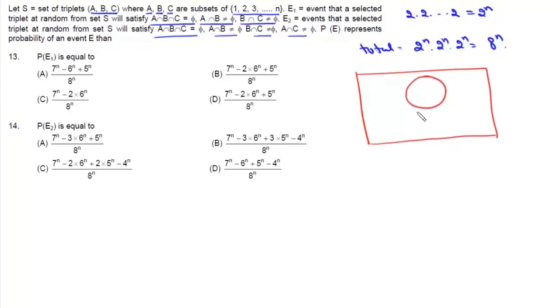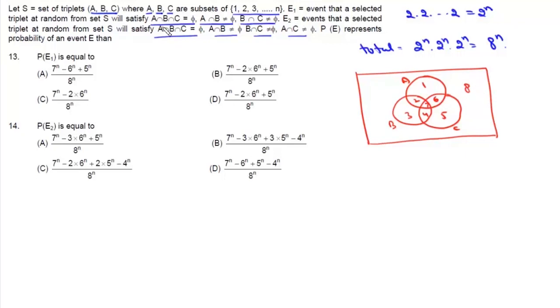Now we need to find the probability that A intersection B intersection C is empty, but A intersection B is non-empty and B intersection C is also non-empty. Now if we look at the Venn diagram, suppose this is A, B and C. Now if we look at the regions, this is 1, 2, 3, 4, 5, 6, 7 and 8.